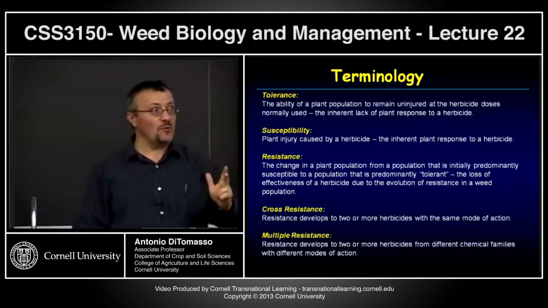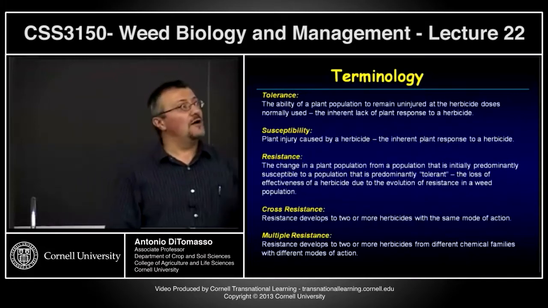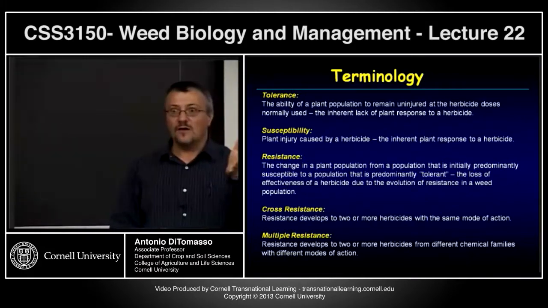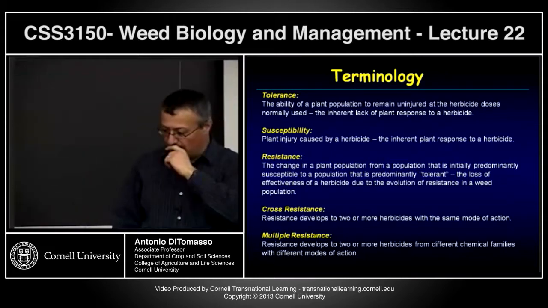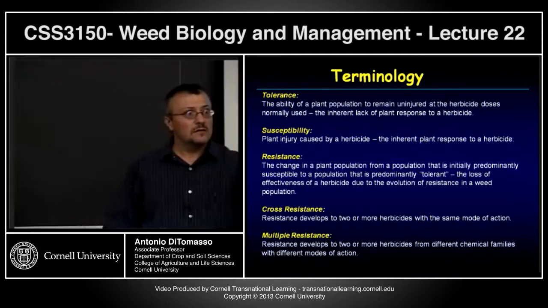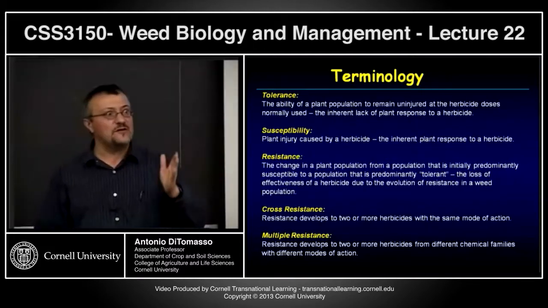You run into trouble. And we have examples, and I think I have it in your notes, of green foxtail and rigid ryegrass where some weed biotypes are resistant to 9 different modes of action.